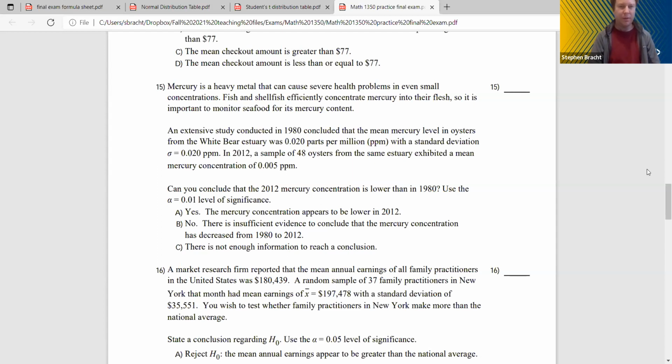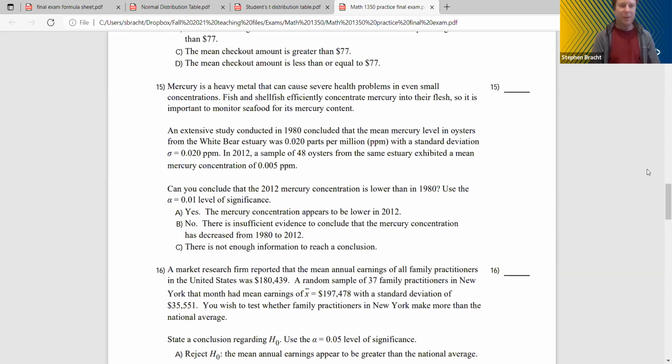In 2012, a sample of 48 oysters from the same estuary exhibited a mean mercury concentration of 0.005 parts per million. Can you conclude that the 2012 mercury concentration is lower than in 1980? Use the 0.01 level of significance.